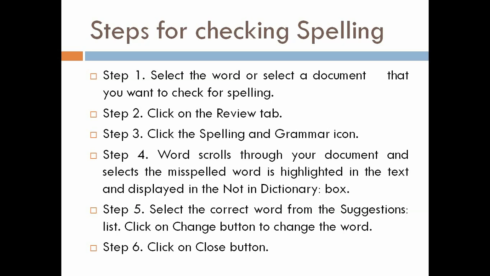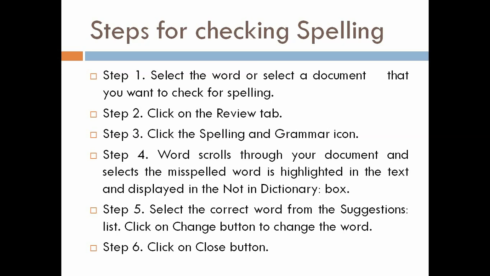Select the correct word from the suggestions list. Click on the Change button to change the word. Step 6. Click on the Close button. It closes the spelling checker dialog box. These are the steps for checking spelling in a document or a file.